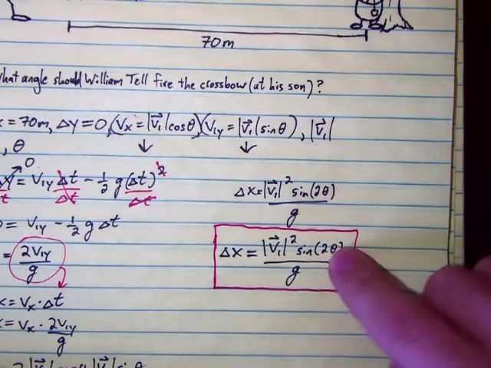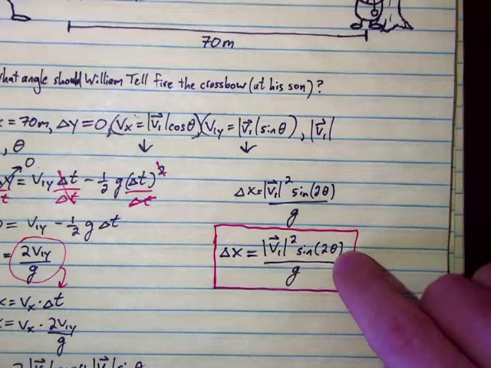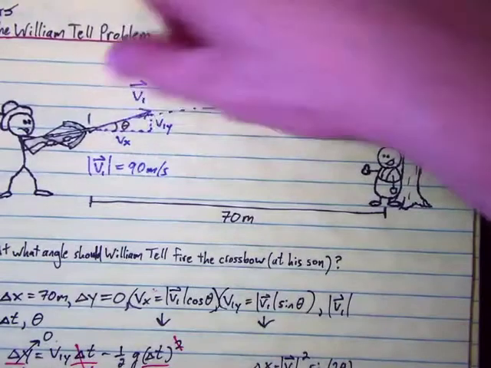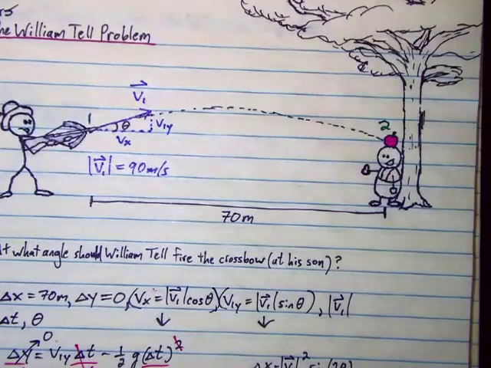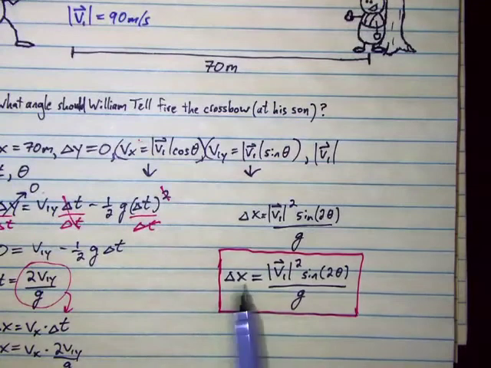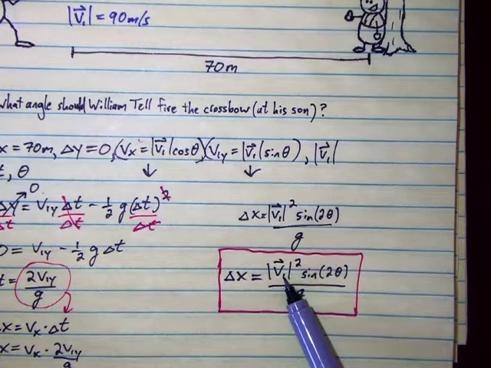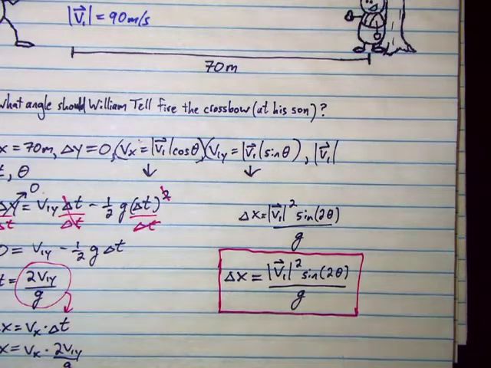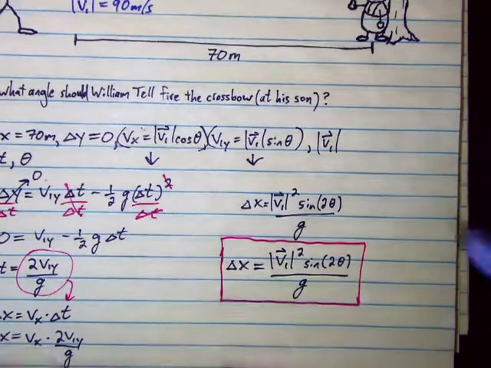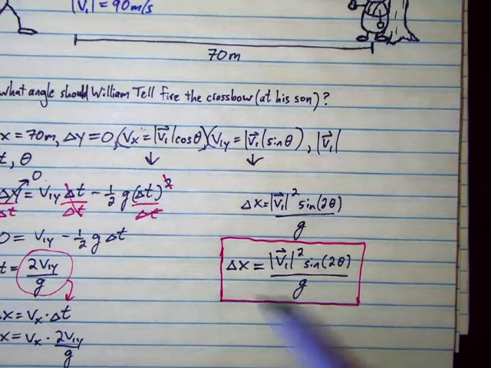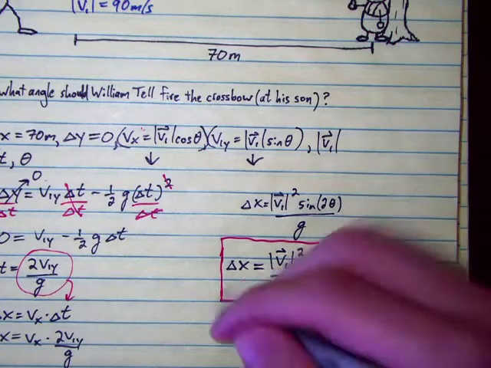But what we want to know here is this angle for William Tell's situation. So can we solve for this angle? Because we know these other things. We know delta x, 70 meters, and we know the initial speed, and we know g. So let's rearrange this to solve for that angle theta. I'll multiply both sides by g, divide both sides by v1 squared.